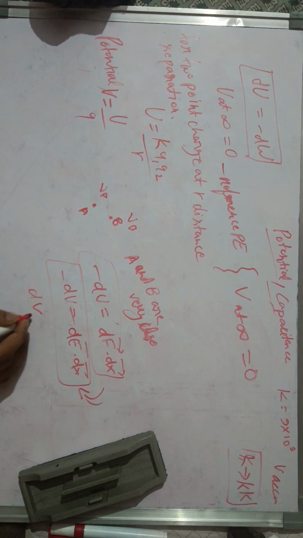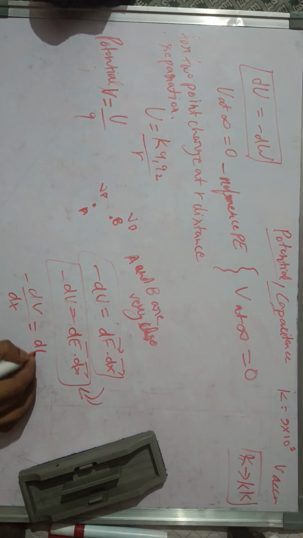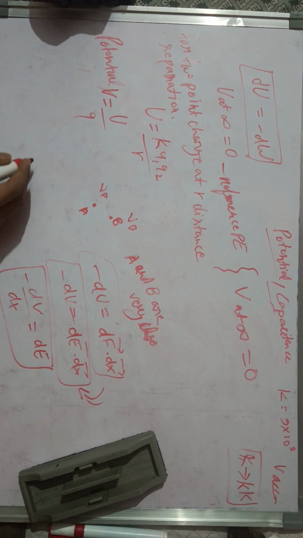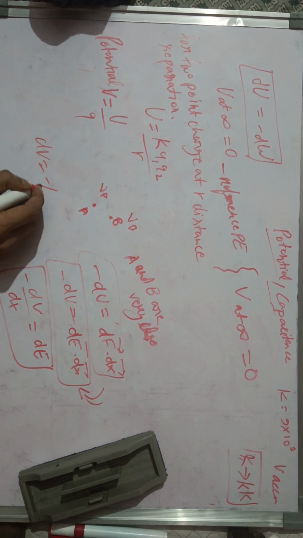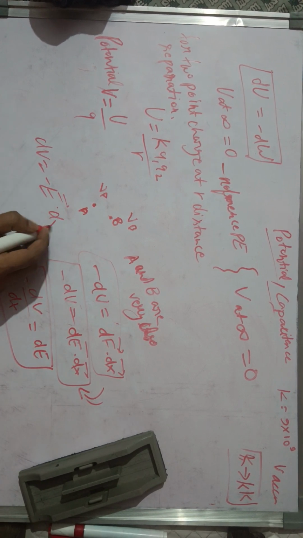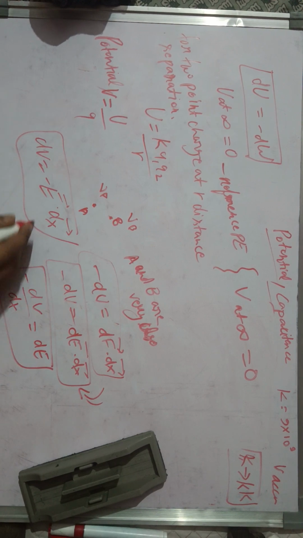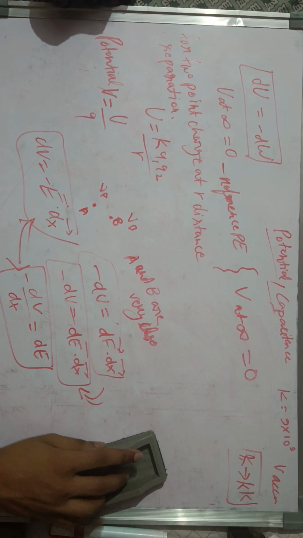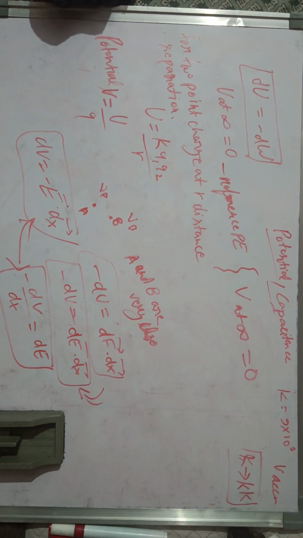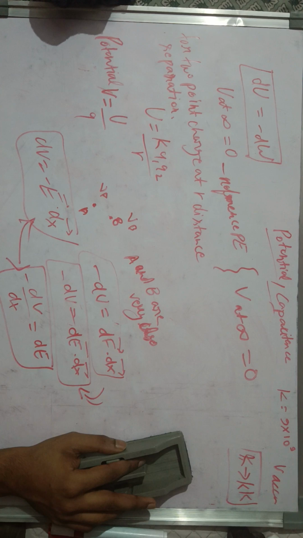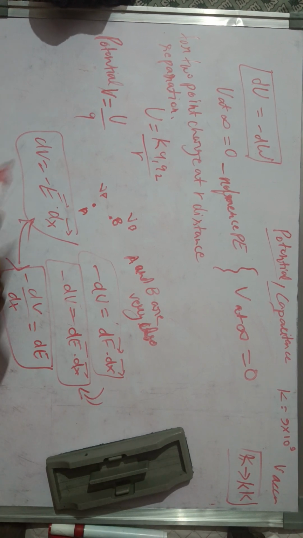Now I can say that dV by dx is equal to minus E, or I can say that dV is equal to minus E dot dx. These are the two equations I will consider here.